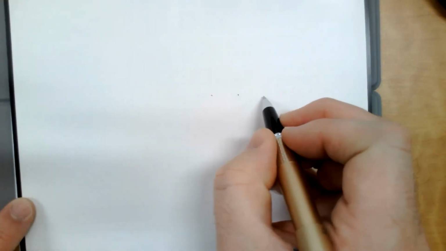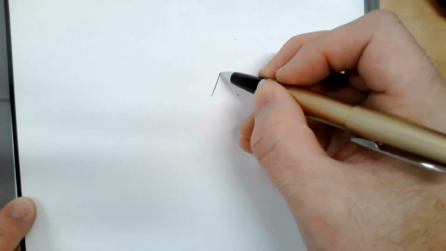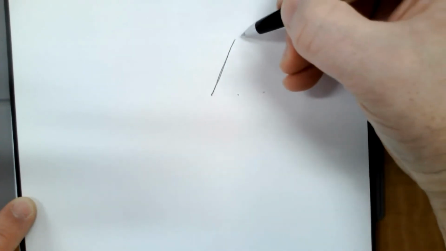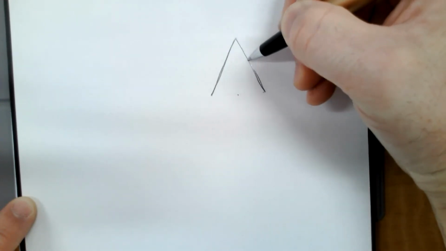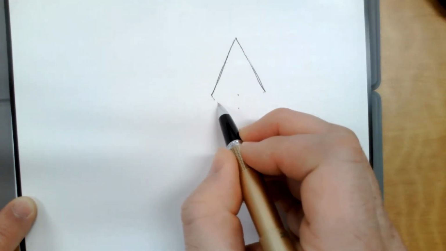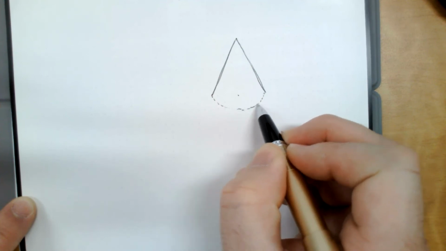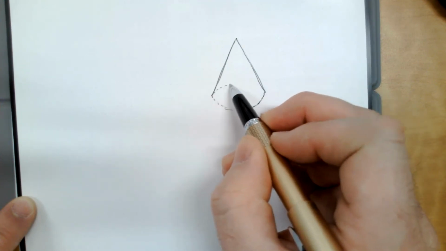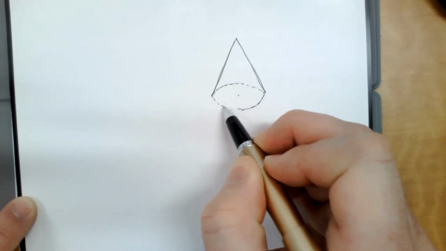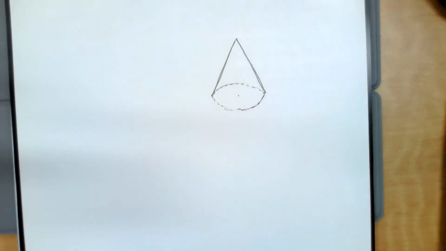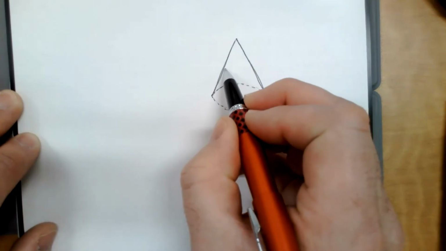So if we're looking at this as a cone, then the rectangle that we saw earlier would not be a rectangle.